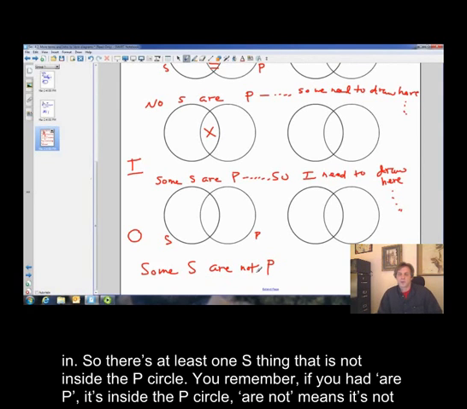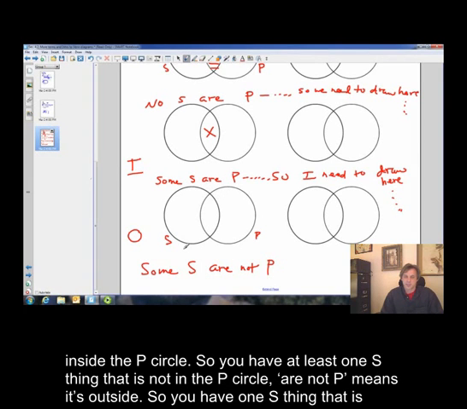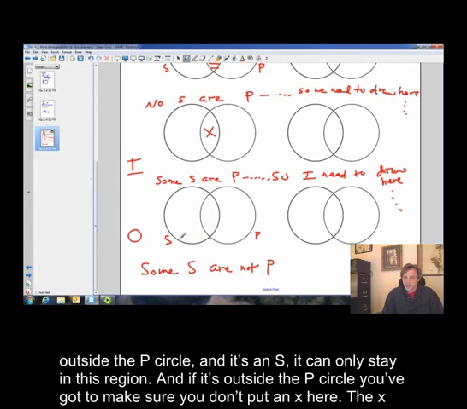You remember, if you had R P, it's inside the P circle. R not P means it's not inside the P circle. So you have at least one S thing that is not in the P circle. R not P means it's outside. So you have one S thing that is outside the P circle. And it's an S, right? It can only stay in this region.